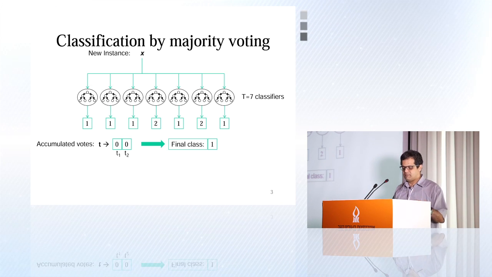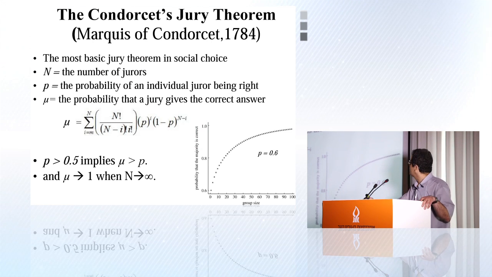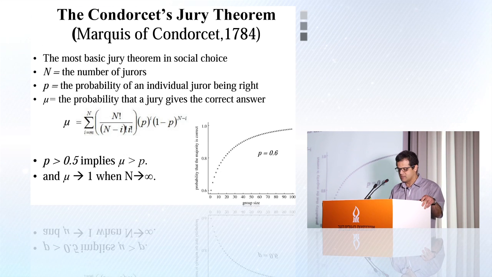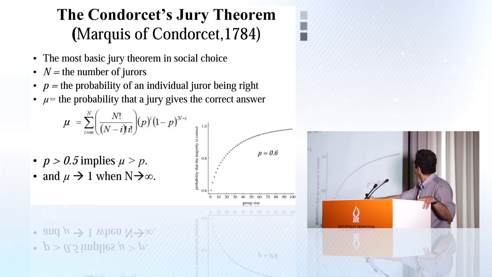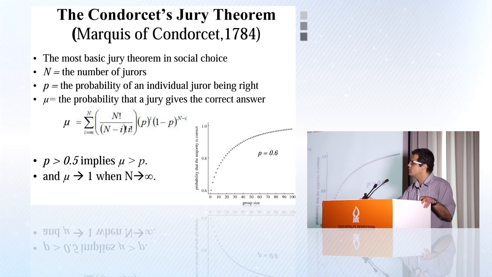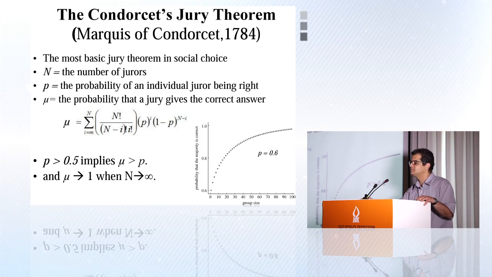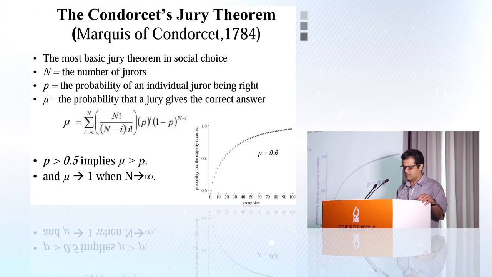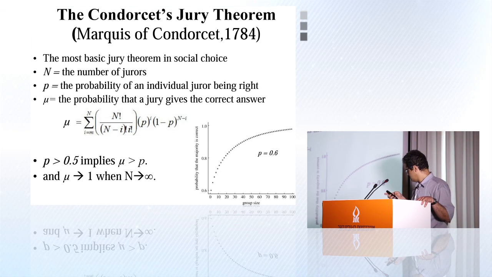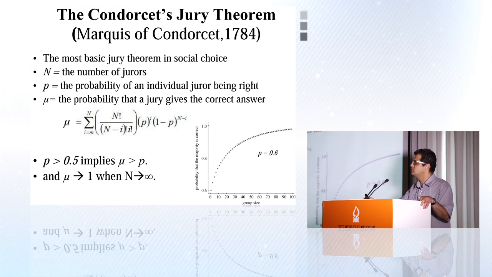The idea of voting actually goes back at least 2 centuries ago with what is known as the jury theorem, which is a very important theorem in social choice. And the idea is that you have a jury with n voters. Each one of them has a probability p to make the right decision. And by mu, we can denote the probability of the entire jury reaching the correct decision.